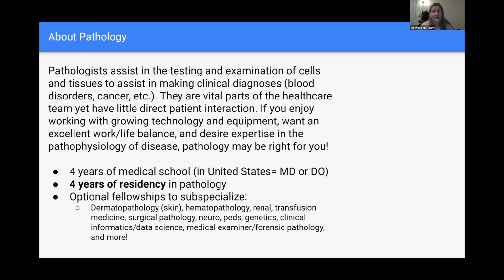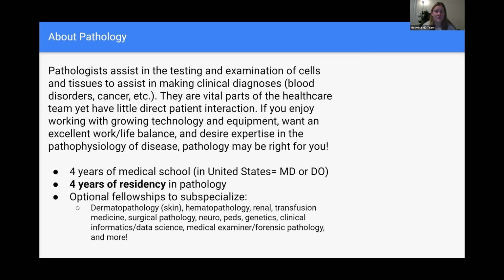They are very vital parts of the healthcare team because they are truly the experts in knowing how to define if something is abnormal versus normal, and then the actual naming, and basically what they say is going to directly guide the further treatment of the patient.